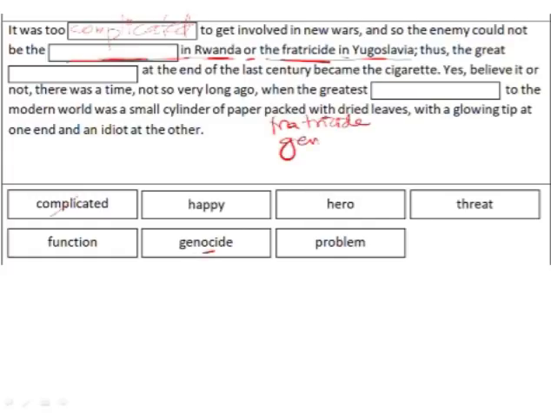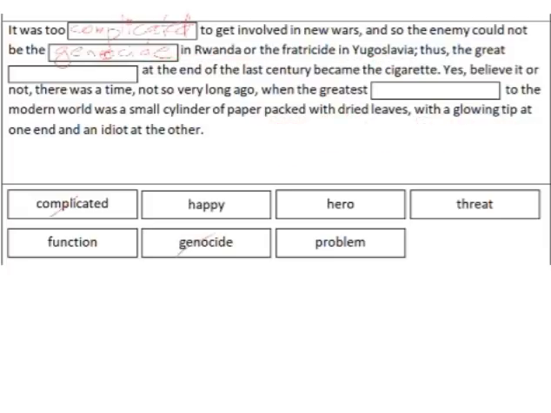So genocide fits here. Side is killing, so fratricide is killing brothers, genocide is killing people. Technically this word goes here: genocide in Rwanda or the fratricide in Yugoslavia.